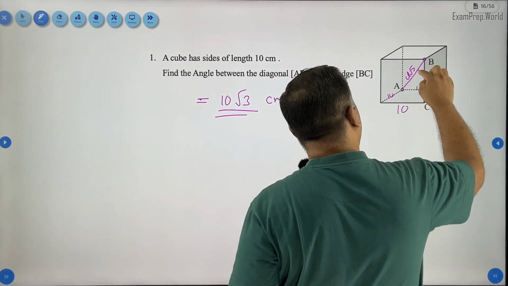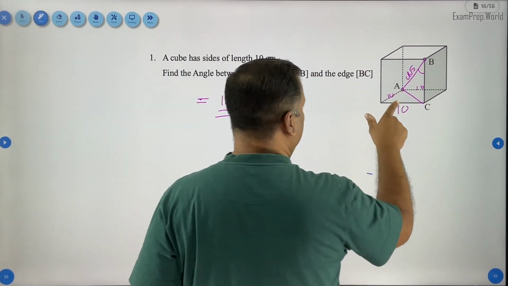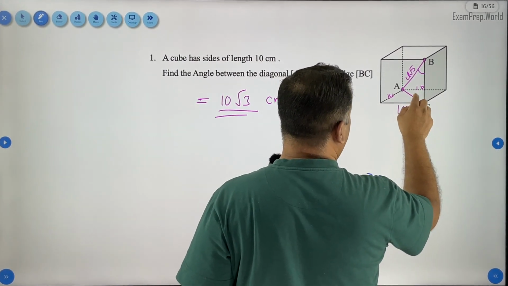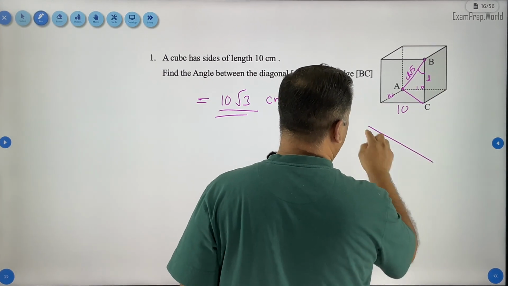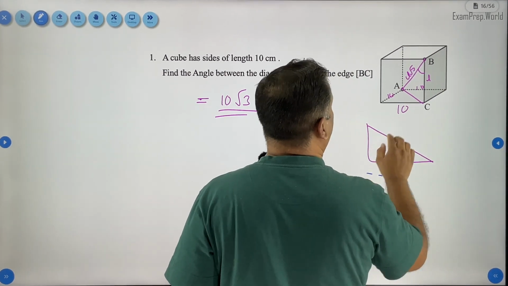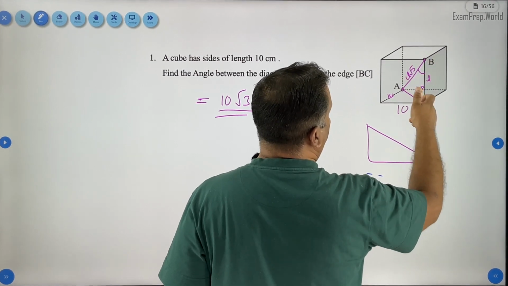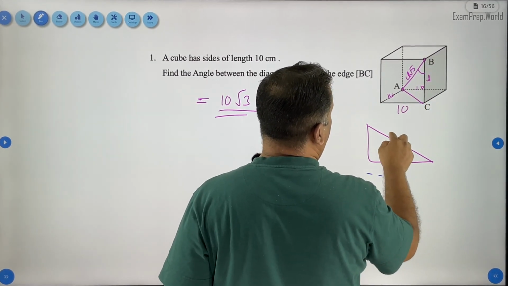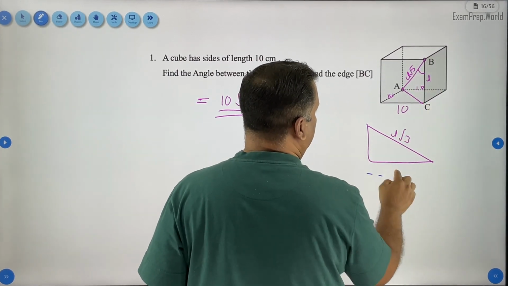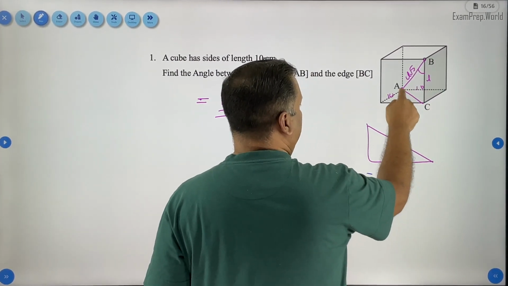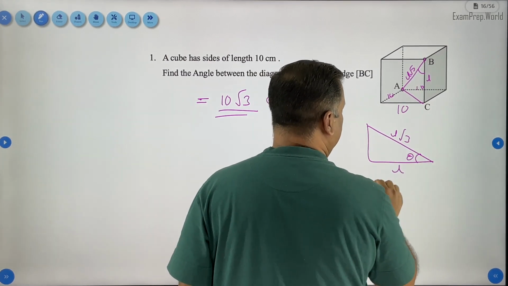But they are asking us to find the angle between AB and the edge BC, this angle. So pull this triangle outside, and this is L. L root 3 is the hypotenuse, and this is L. This is the angle theta.